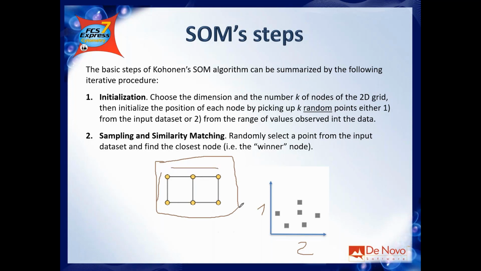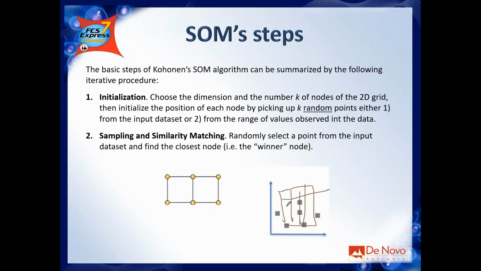So it's a 6-node grid. And then once I've defined the size, I need to define where to place this grid. In this example, in this slide, the grid is placed here. It's at the left of my points, but that's fine.